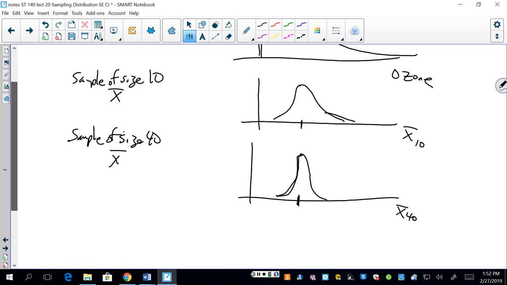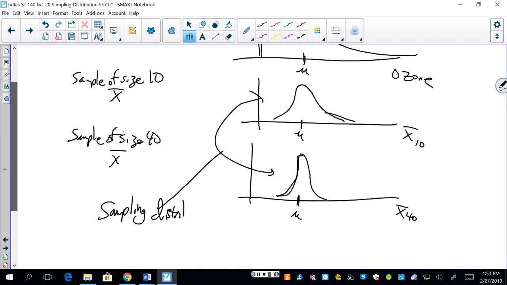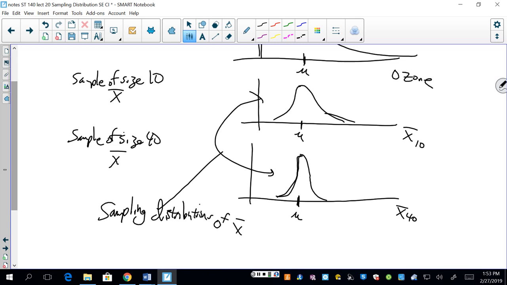So that's our population, and this is mu. Our sampling distribution here is going to be near the mu, right? And so these are illustrations of sampling distributions of X bar with different sizes.